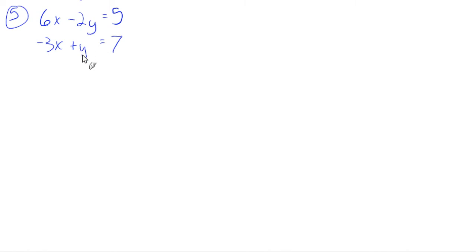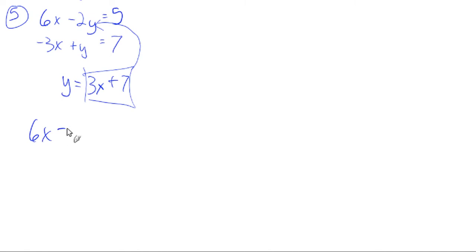I see here that y is by itself, so if I add 3x to both sides, I'll have y equals 3x plus 7. It was just easy to use this one to solve for y, so we can substitute this in for y. And the other one, you cannot substitute it back into itself. You'll get nonsense back. Okay, I guess not nonsense, but it just won't work. So we're going to put it into the other equation.